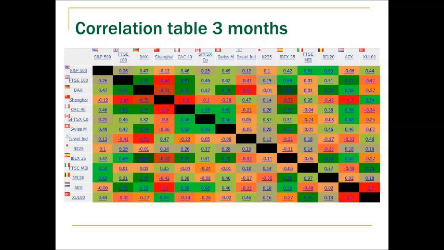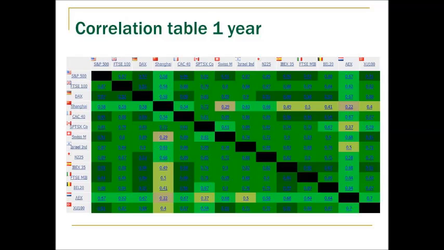Well, there are several indexes in Israel. This one is a general index, and it looks like it would be negatively correlated over 3 months with a majority of other indexes. On the other hand, a lot of the European indexes are quite correlated, and also they are correlated with the S&P 500.